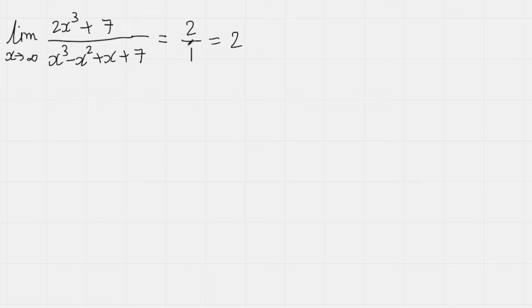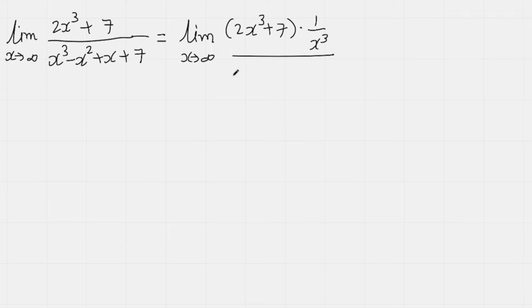Now let us see how we can evaluate this equal to 2. So let us divide top and bottom by x³. So this is equal to the limit as x approaches infinity of (2x³ + 7) divided by x³, and in the bottom we will have (x³ − x² + x + 7) divided by x³.